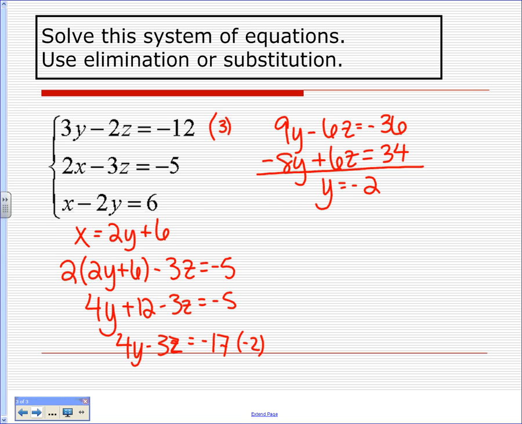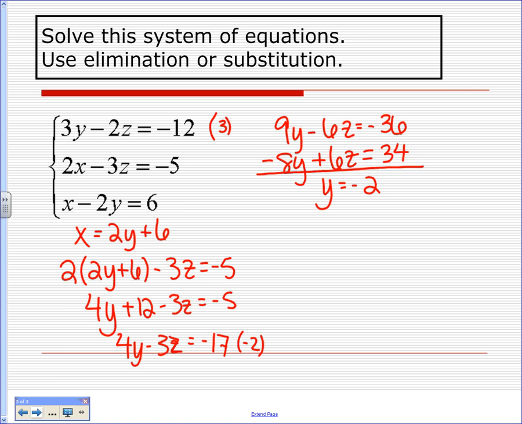Yeah, that's not what I got. Wait, what did you do? What'd you get? Oh, I didn't have the negative. I got three. Oh, I did that wrong. You didn't have one of them negative. I'm stopping at y.